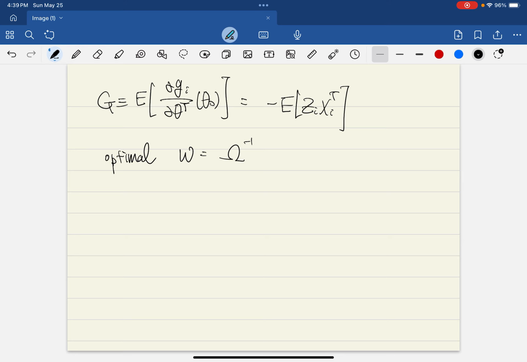Okay, so how do we implement this? This is just theoretical optimality. So we have to study how to implement this optimal weight in practice. There are several methods. First, you can think about two-step GMM.